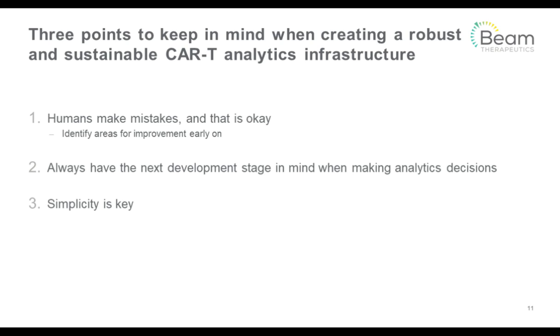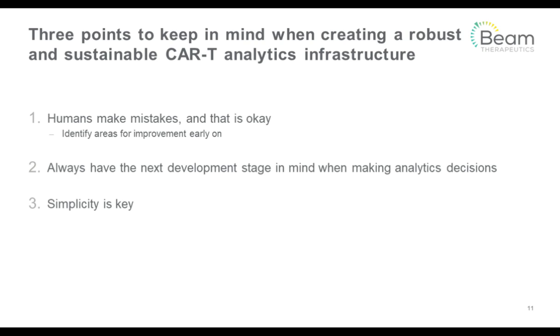Before I dive into 5 areas where we can hone and optimize your flow cytometry-based assays, I want to list 3 points to keep in mind when you're creating a robust and sustainable analytics infrastructure. Number 1 is that humans make mistakes, and that is okay. Identify those areas where you think there might be significant sources of human error and try to improve it as early as possible.